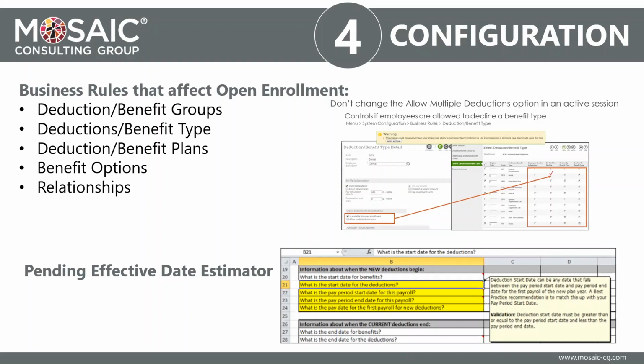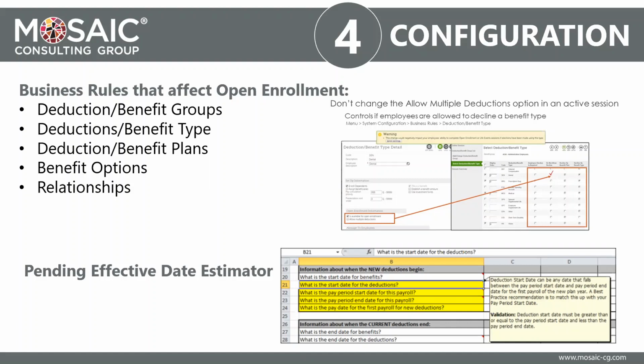So if anything turns red, what I recommend is starting with a blank copy, downloading a second copy, and separating your pay groups until all cells are green. I always tell my clients to think traffic light when using the pending effective date estimator, meaning red means stop and green means go.